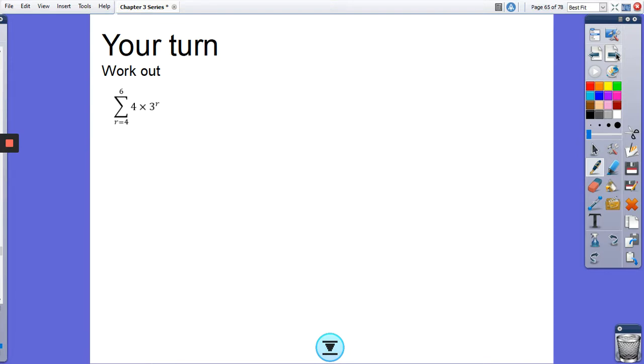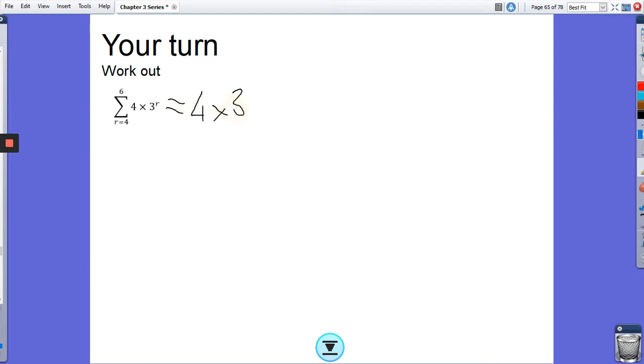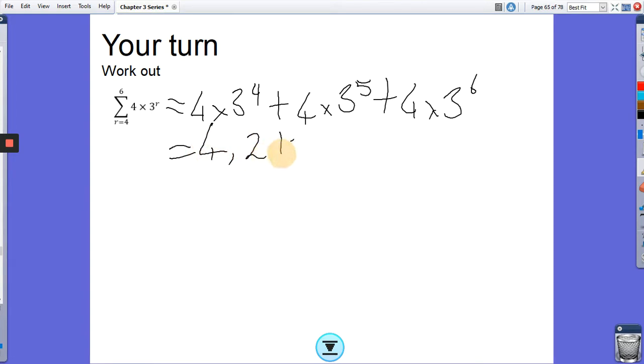If we sub in 4 first of all, you get 4 times 3 to the 4, plus 4 times 3 to the 5, plus 4 times 3 to the 6, which, if you plug that into your calculator, gives 4,212.